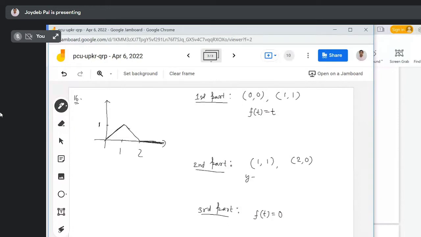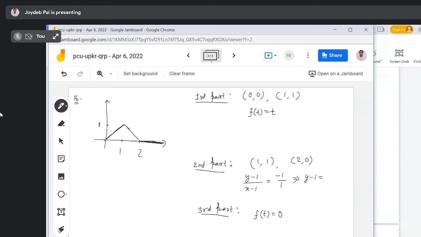So what is the equation? y minus y1 divided by x minus x1 equals y2 minus y1 over x2 minus x1. So ultimately the equation will be y minus 1 is equal to what?